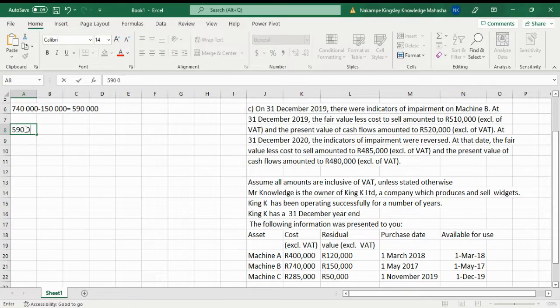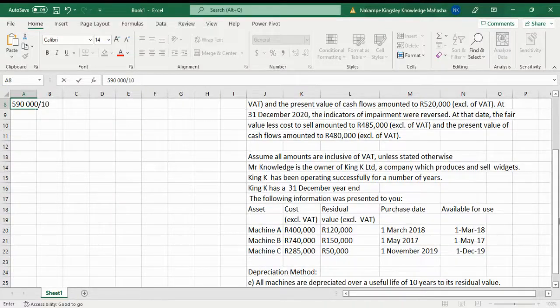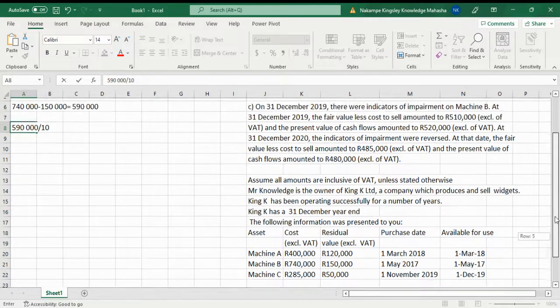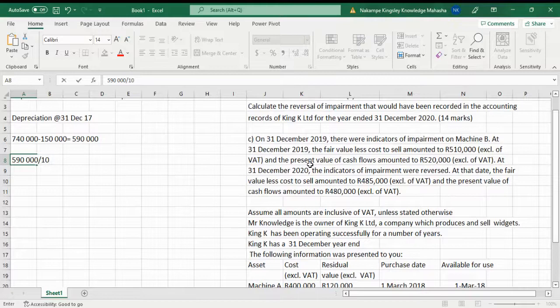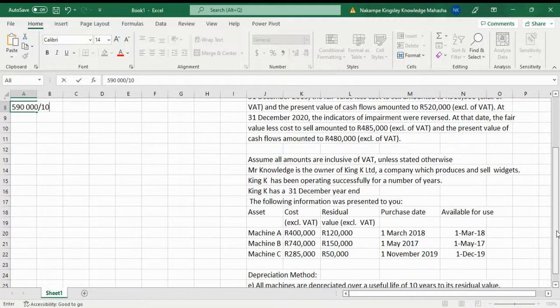So now we're going to take our 590,000 and divide it by 10. Remember that it says that all machines are depreciated over a useful life of 10 years to their residual value. Then we count our months from May to see how many months we had the asset. It's May, June, July, August, September, October, November, December.